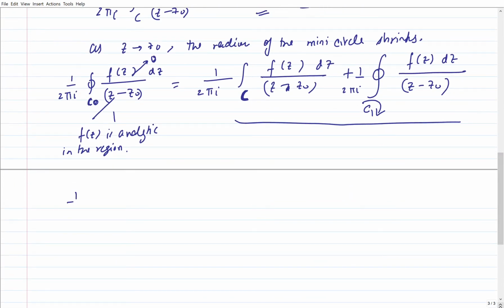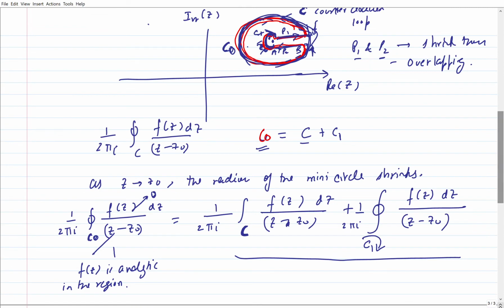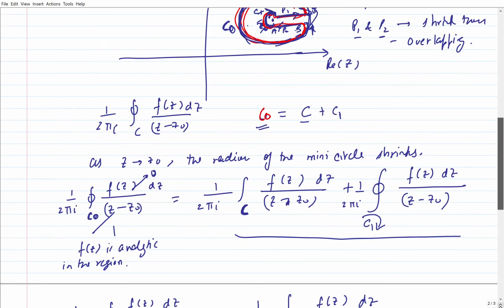What does it mean? This means 1 over 2 pi i integral of f(z) over z minus z0 dz is nothing but minus 1 over 2 pi i integral over C1 in the clockwise direction of f(z) over z minus z0 dz, and of course the limit over here is as the radius goes to 0. The circle is shrinking very narrowly, and P1 and P2 are shrinking very narrowly.